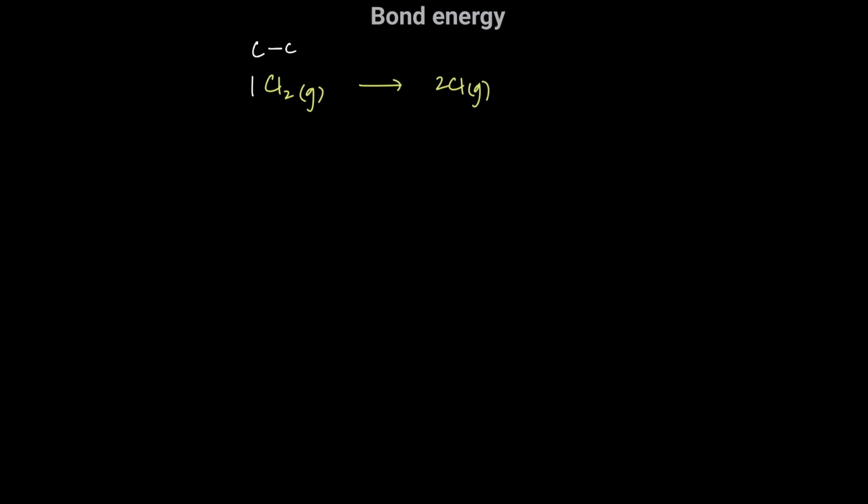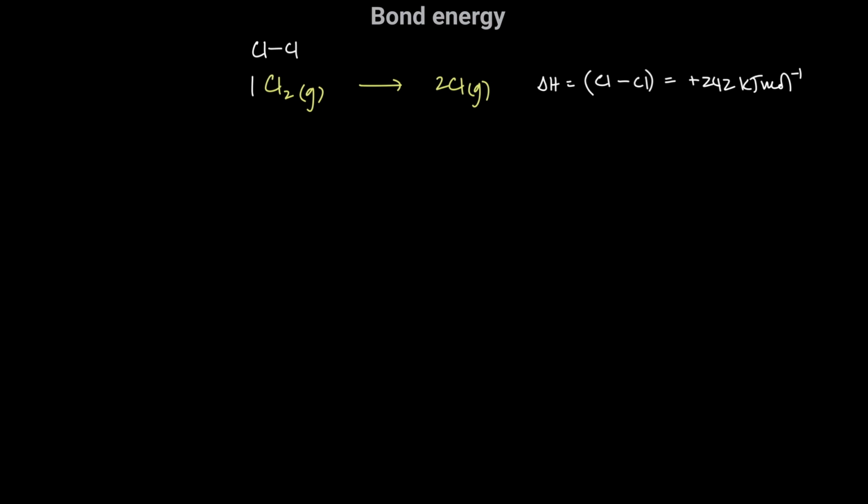Remember, each chlorine molecule has a single bond, so if you have 1 mole of molecules, we're breaking 1 mole of gaseous covalent bonds. Whenever we break covalent bonds in the gaseous state, we make gaseous atoms. The enthalpy change for this process is simply the chlorine-chlorine bond energy, which is equal to positive 242.